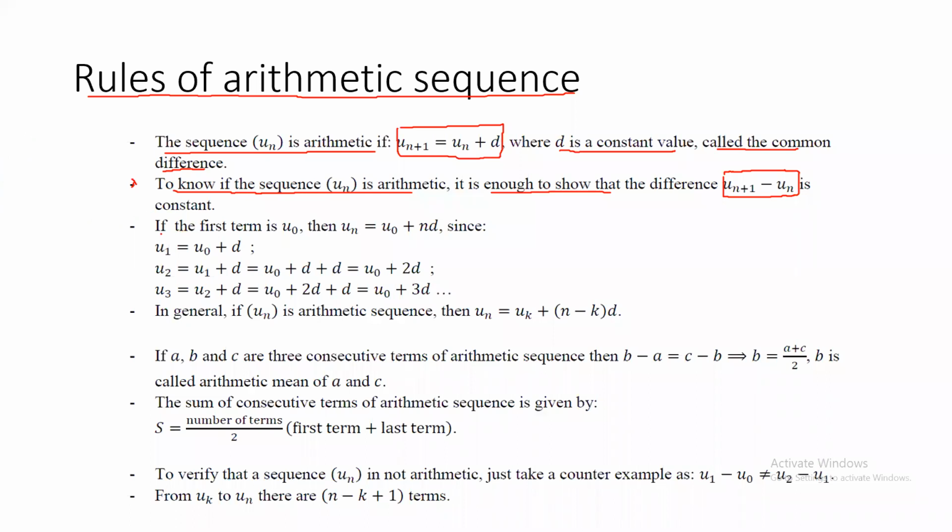Now, if the first term is u_0, then u_n equals u_0 plus nd.